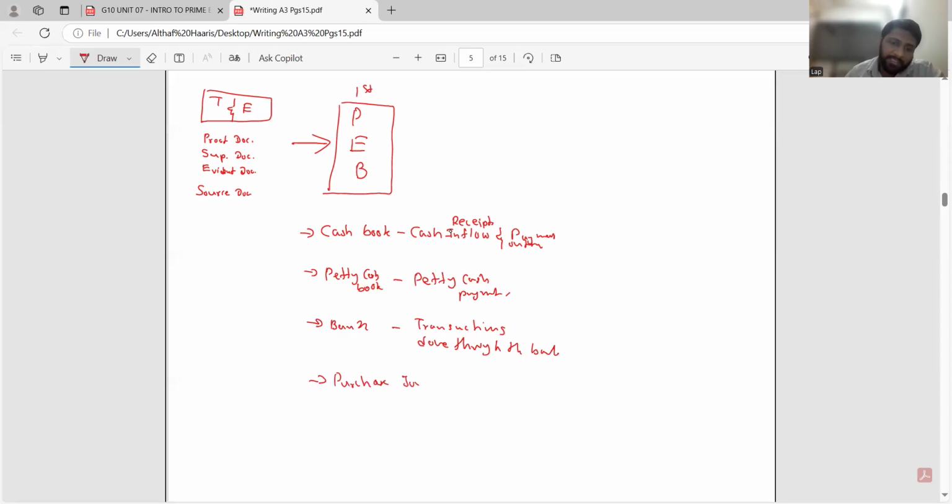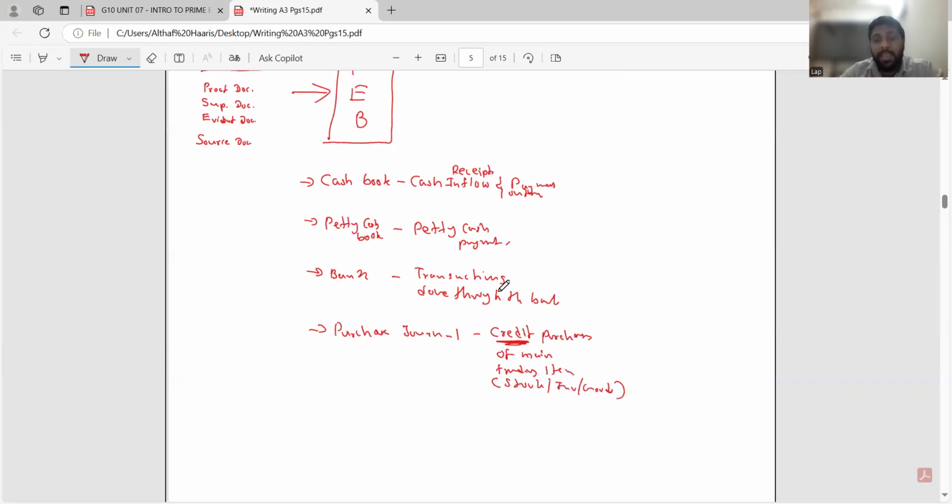Then we move to the purchase journal. In the purchase journal, we recorded the credit purchase of the main trading item, which is the stock or inventory or goods.